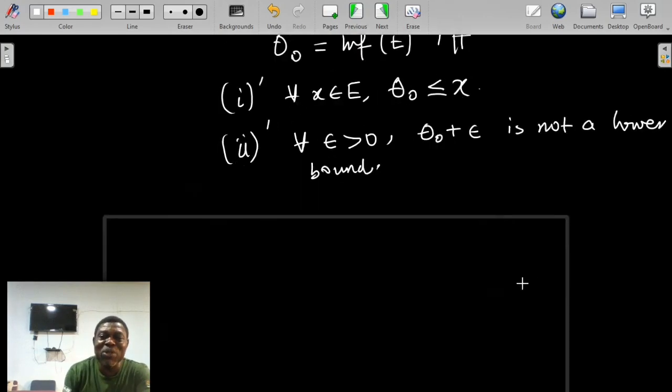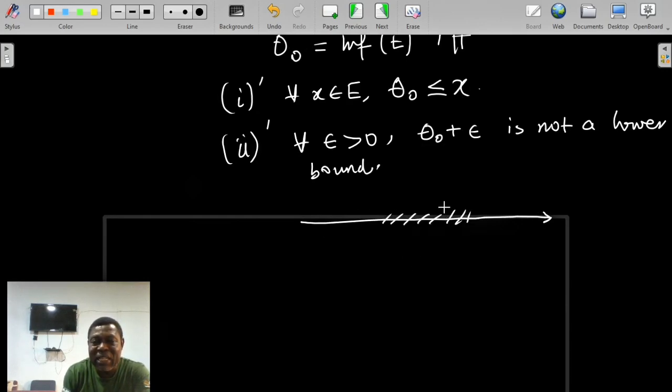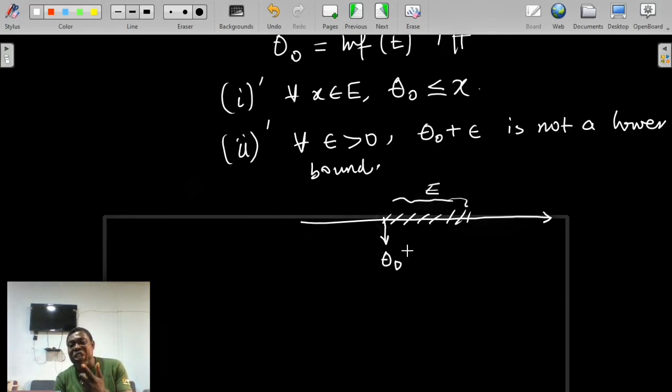And what this means pictorially is the following. Assuming that this is the set E, as I said, remember that E is not necessarily an interval. And here we have that this point is theta naught. Theta naught being the infimum means that theta naught is the greatest of all the lower bounds and is at the same time a lower bound of the set.